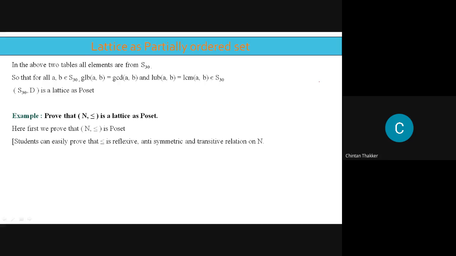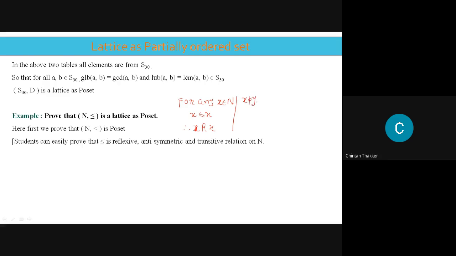So here you can write, for any x belongs to N, x is less than equal to x, so therefore x is related to x.